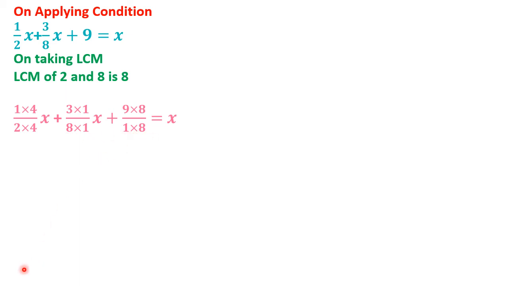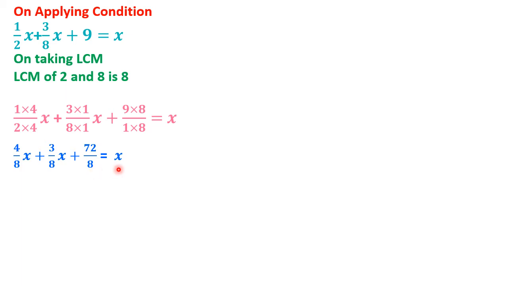Now the next step is we have to group the numbers having the variables. How to group them? First let us multiply these all numbers. 4 upon 8x plus 3 upon 8x plus 72 upon 8. Now as you can see that 72 upon 8 is not having the variable x.